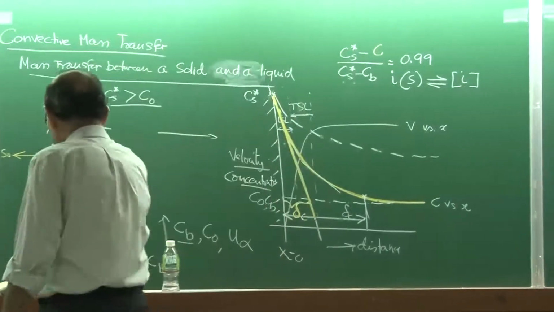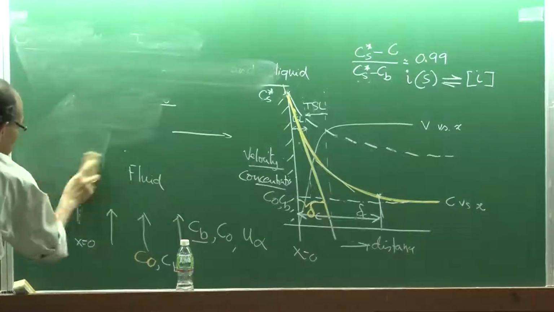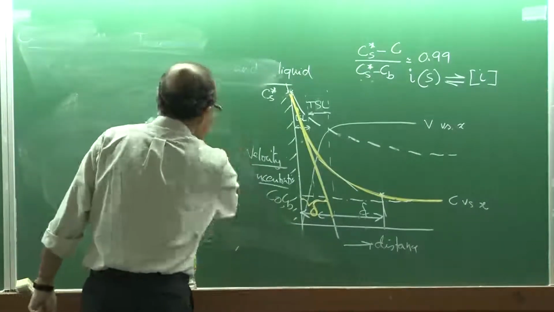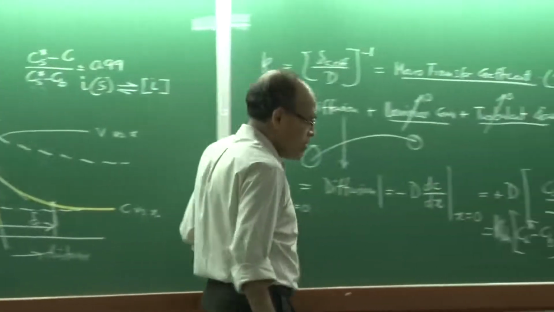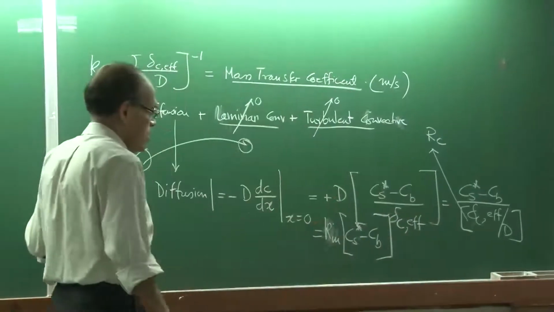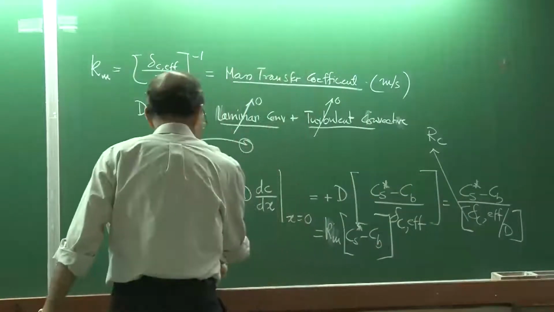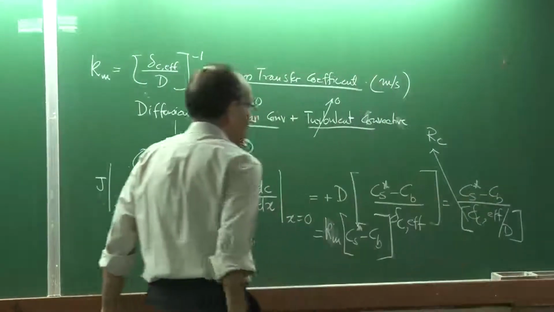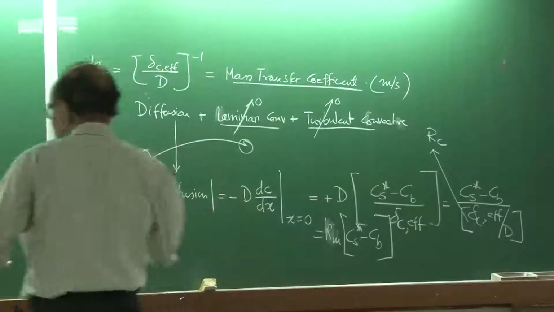If we now consider, for example, an unsteady state process, what we see here is that the flux can be calculated provided the mass transfer coefficient is known to us. Okay? C star will be known from the equilibrium concentration, and estimation of Cb will require that we have knowledge of the mass transfer coefficient. So this is vice versa.